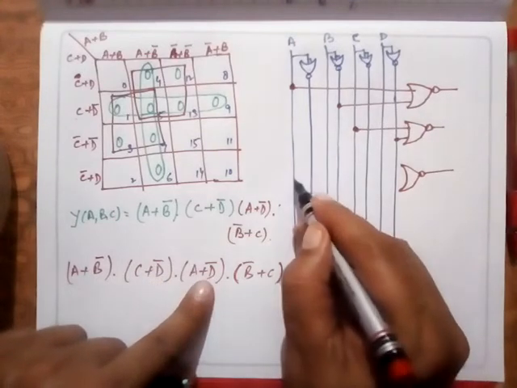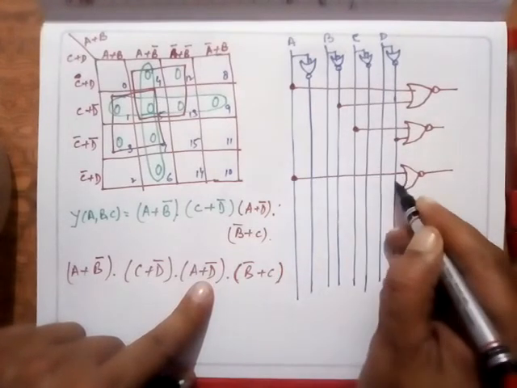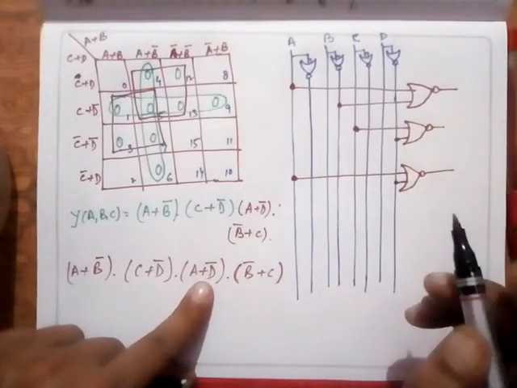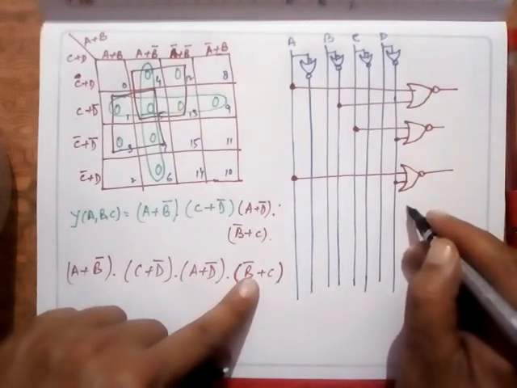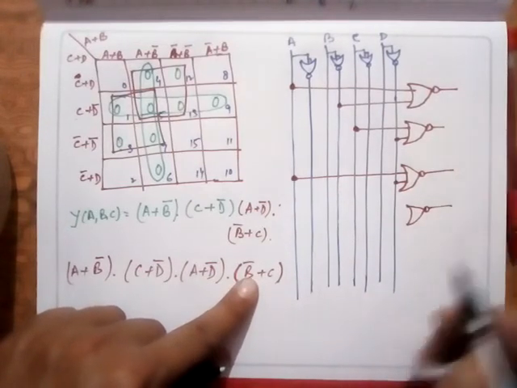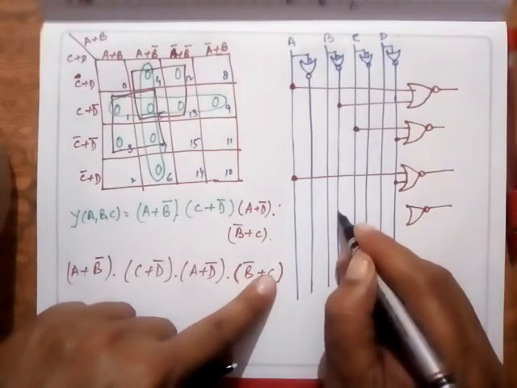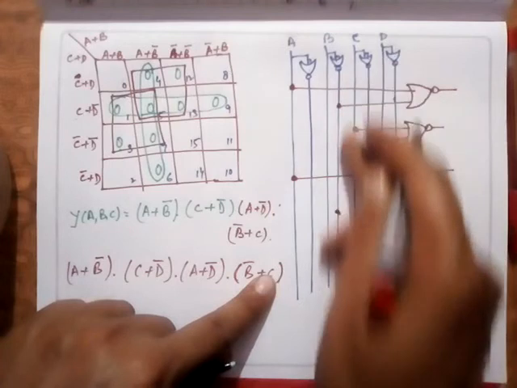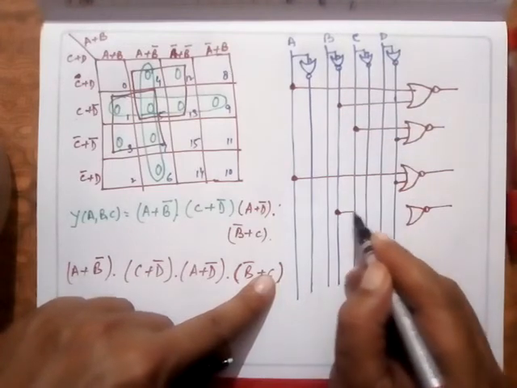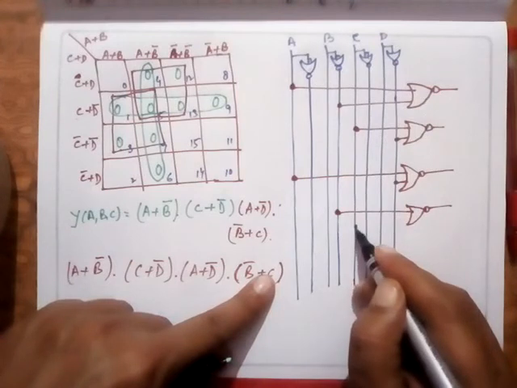So this is A from here, and this is D bar. And finally one more NOR gate, where the inputs are B bar and C. So this is B bar. This complete line is for B bar, and this line is for C.